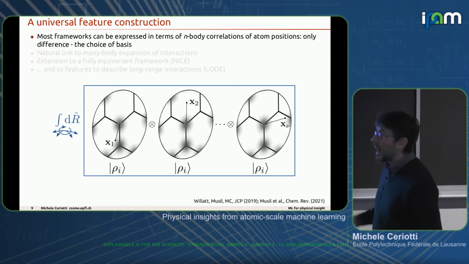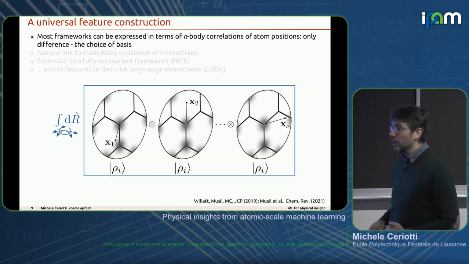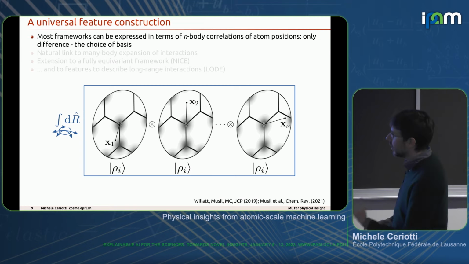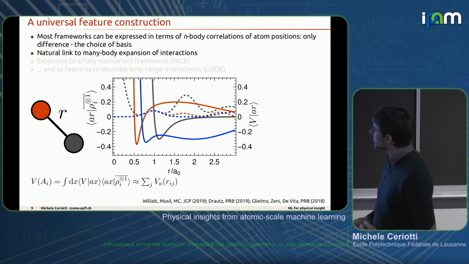And depending on how many densities you correlate, you bring in more and more information on the relative position of the atoms until eventually, or at least this is the idea, you get to a complete description.